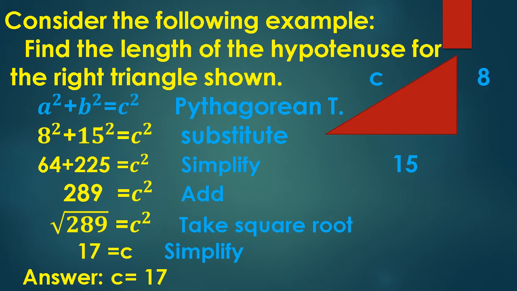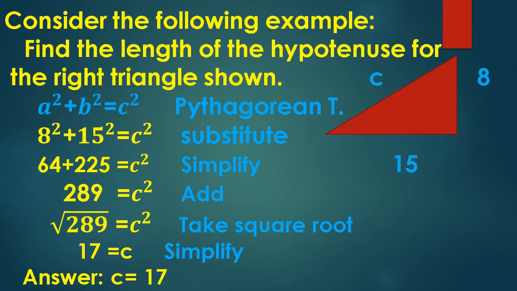So write the Pythagorean theorem: a squared plus b squared is equal to c squared. Then substitute the values of a and b. So 8 squared plus 15 squared is equal to c squared.